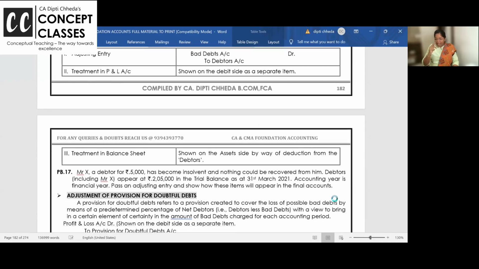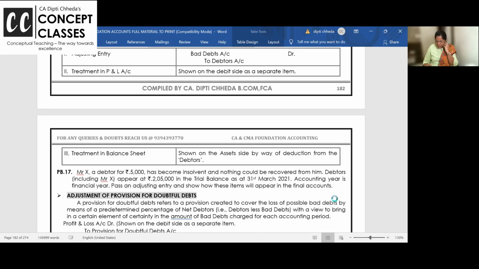I hope you all are getting it. Reduce it from debtors, and bad debt is like those debtors who are not going to pay. So no point holding on; we will write off. Debtor X, 5,000, has become insolvent and nothing could be recovered. Many times in the exam they say 60% is recovered, 40% is recovered; then take accordingly.